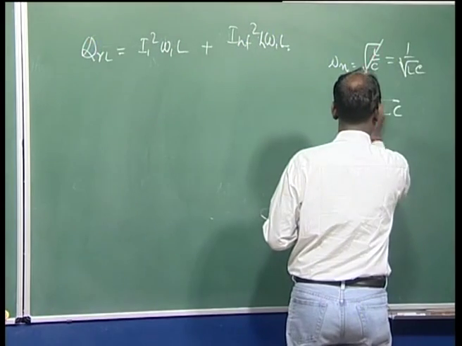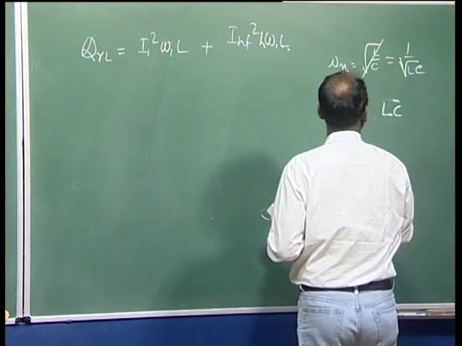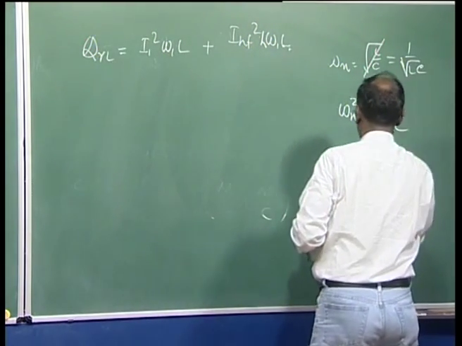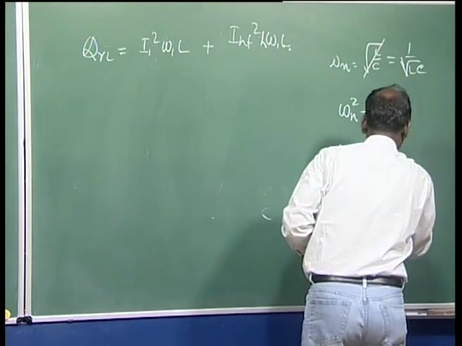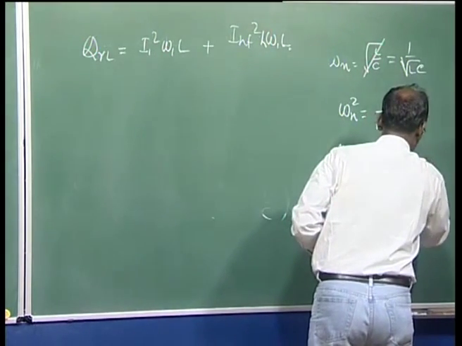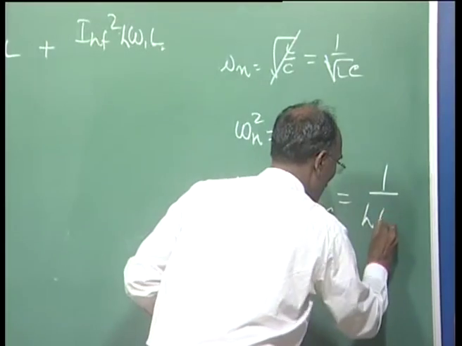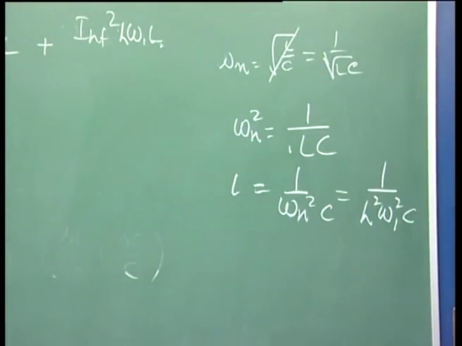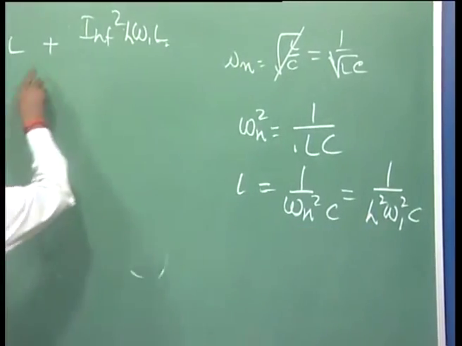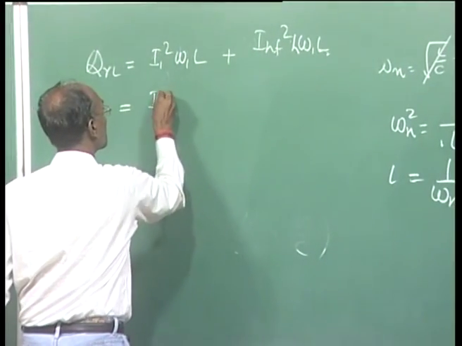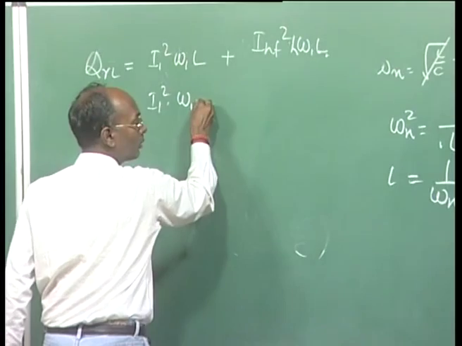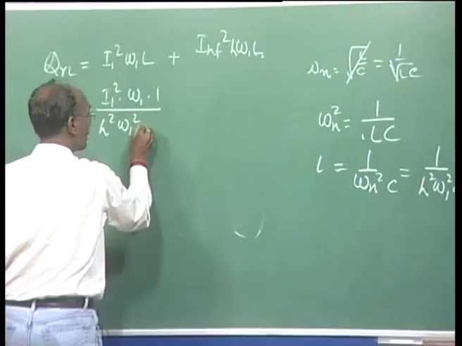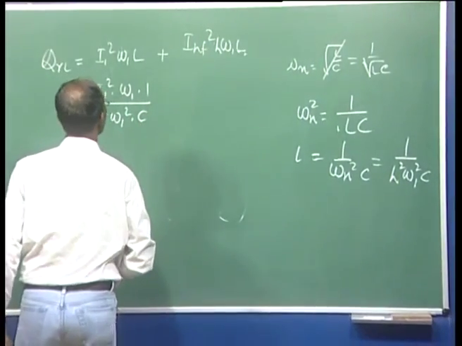This gives omega n squared equals 1 upon L C, which means L is 1 over omega n squared into C. Then we can put this value of L here, and we get I1 squared omega 1 into 1 divided by h squared omega 1 squared into C.